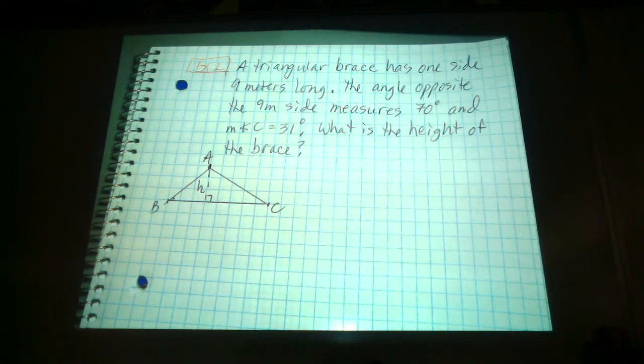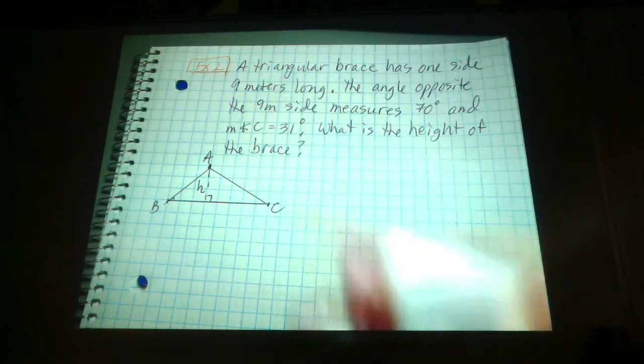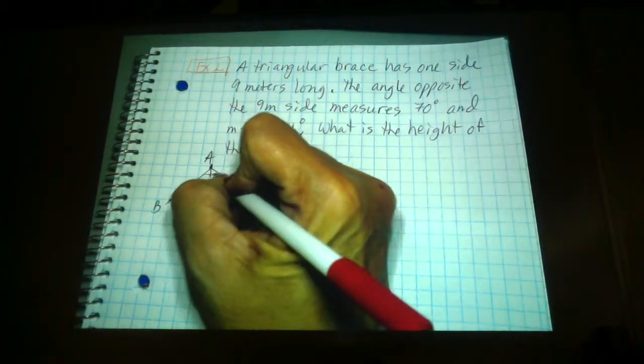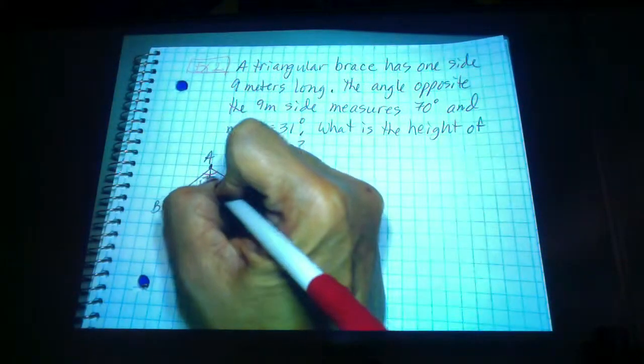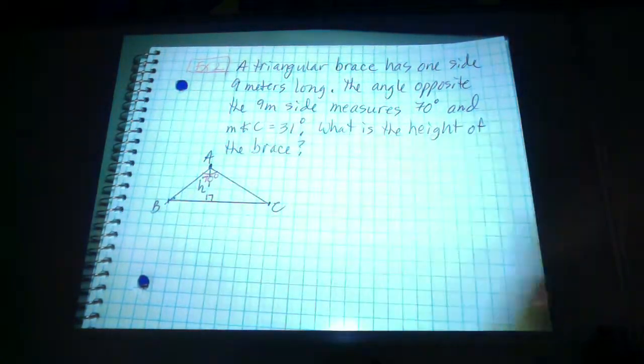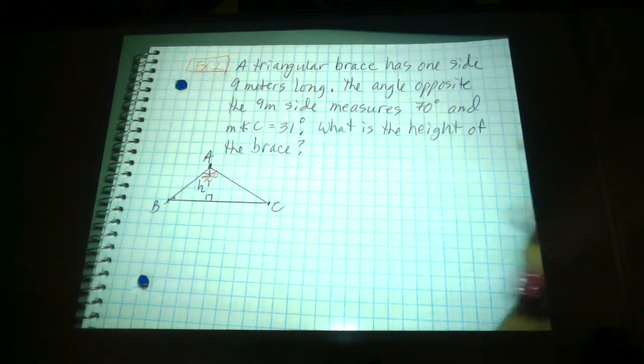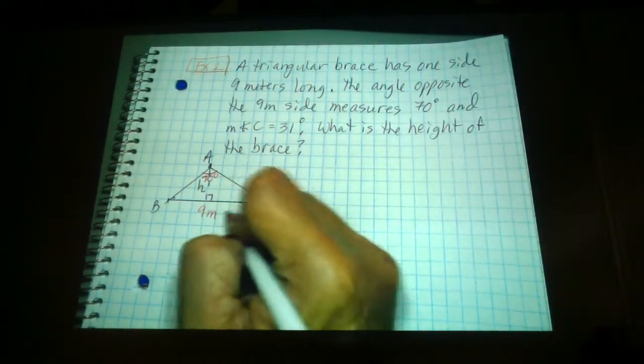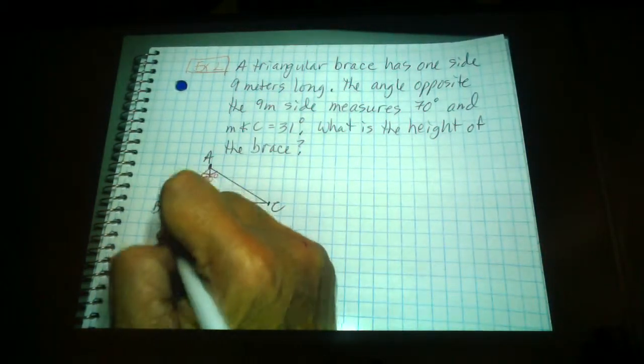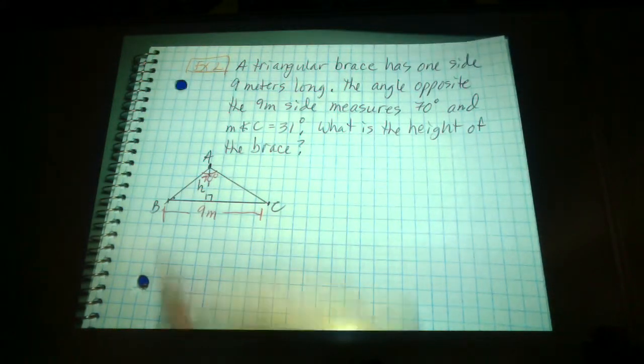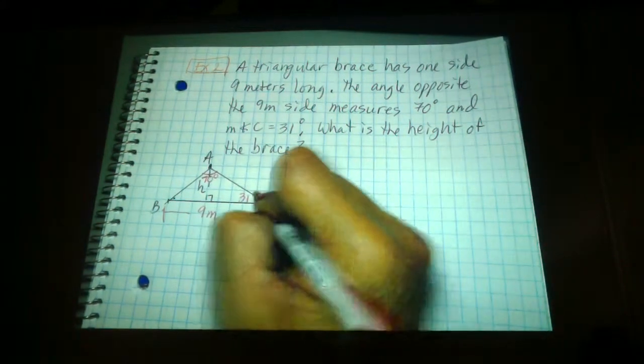So they said the triangular brace has one side that's 9 meters long. The angle opposite the 9 meter side is 70 degrees. Well, you don't know which one that is, but that's this angle right here. It'll be part of your picture, 70 degrees, the whole angle. And then this is 9 meters from here to here, because that's the side opposite. Then it went on to say that angle C is 31 degrees.